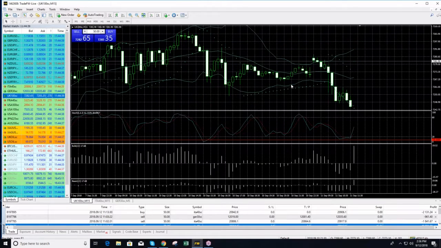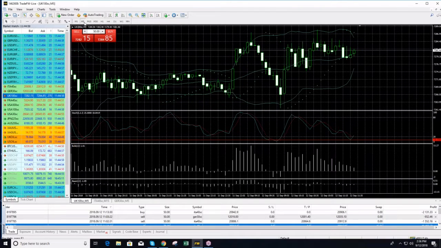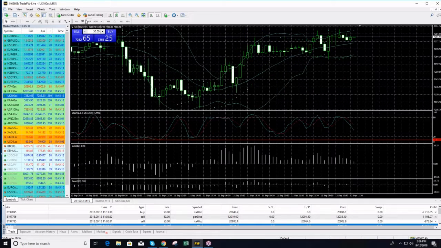Let's have a look for an alternative, UK 100, because there is always possibilities in the markets. We just need to go and find them. Okay, so UK 100, we are looking at the 15 minutes chart. It's not a nice chart. What's going on today? It's not a nice chart, and I will explain you why.